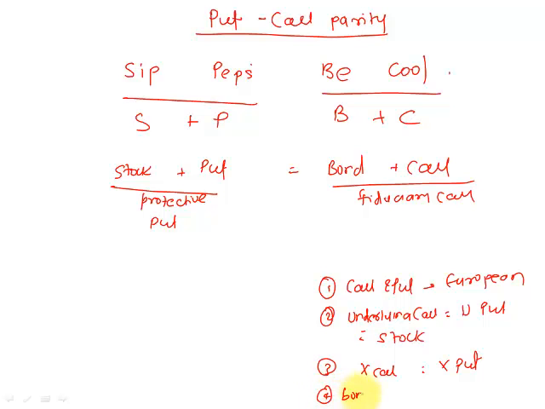Fourth, your bond is nothing but the present value of the strike price. There is in fact one more rule: the maturity of the call should be equal to the maturity of the put option, and that bond is nothing but the present value of the strike price invested for the time to maturity of the options.